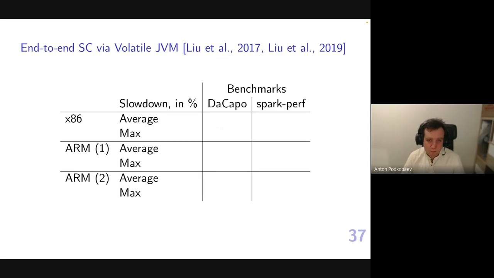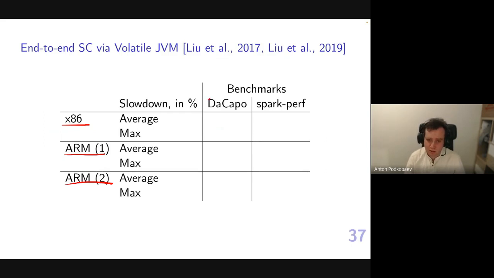In that line of work, the researchers did the experiments on an x86 platform and on 2 ARM servers with many threads, and they tested the solution on 2 sets of benchmarks.